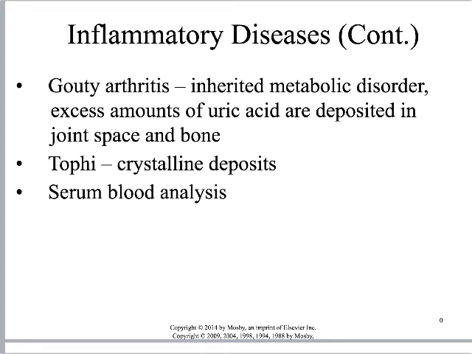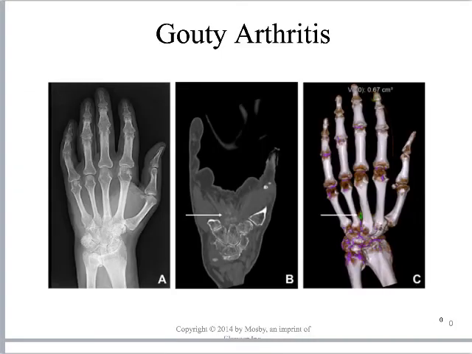One term that's worth familiarizing yourself with is tophi, which are these crystalline deposits as the uric acid crystallizes. We can do serum blood analysis and see the presence of uric acid, but it's sometimes difficult to detect on x-ray. So I wanted to share this image with y'all.